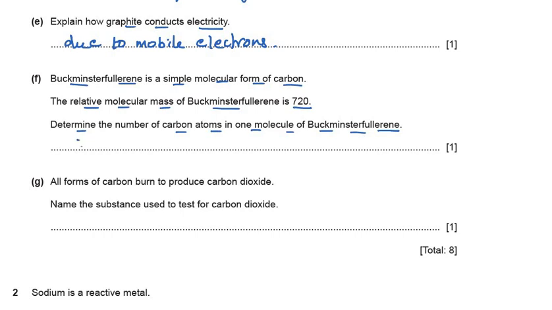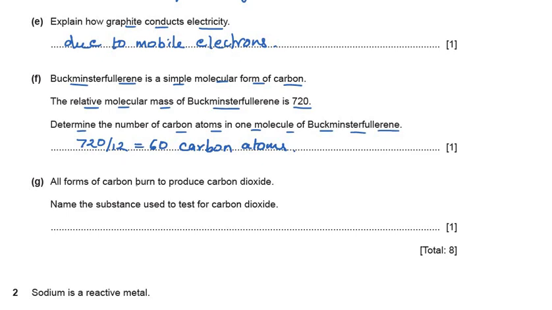So what we need to do is divide 720 by 12. Why? Because the total mass is 720 and the mass of 1 carbon is 12, so we divide 720 by 12 to find the number of carbon atoms. The answer is 60 carbon atoms. 60 carbon atoms are present in the Buckminster fullerene structure.